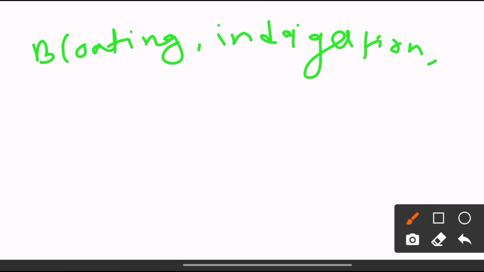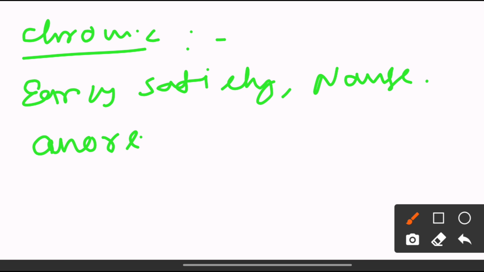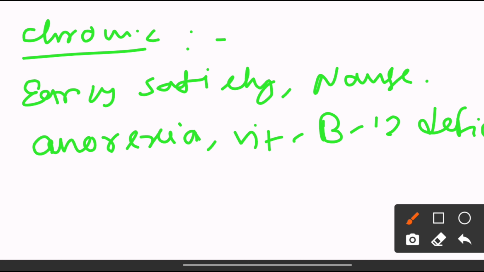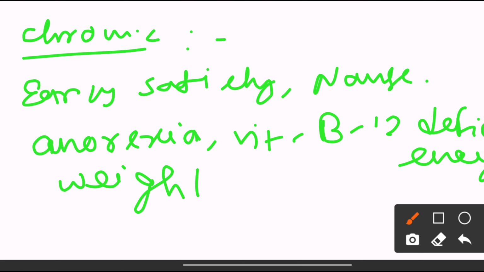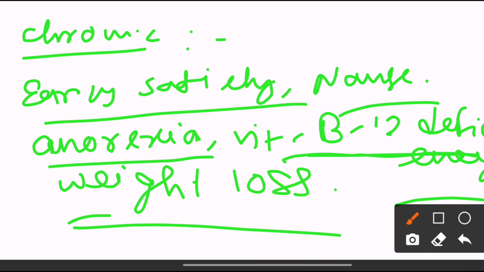And the clinical features of chronic gastritis are early satiety, nausea, anorexia, vitamin B12 deficiency, weight loss.